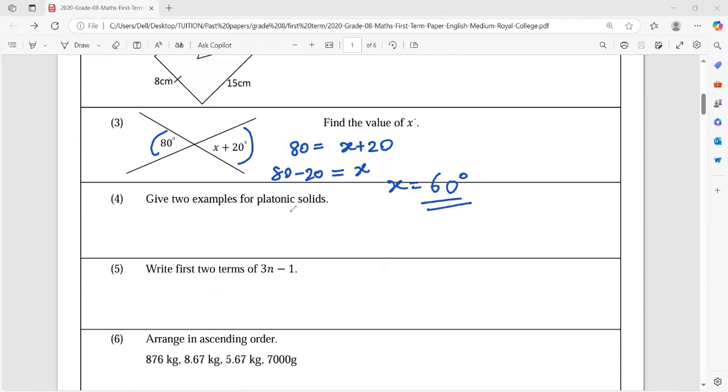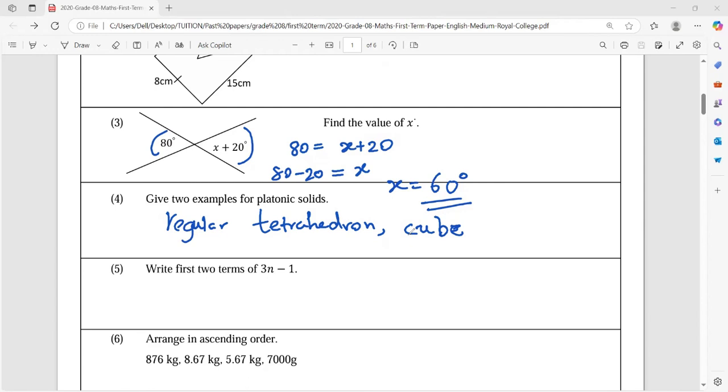Give two examples for platonic solids. So platonic solids are regular tetrahedron and cube. You can take. If it is a platonic solid, there are some conditions for a solid to be a platonic solid.